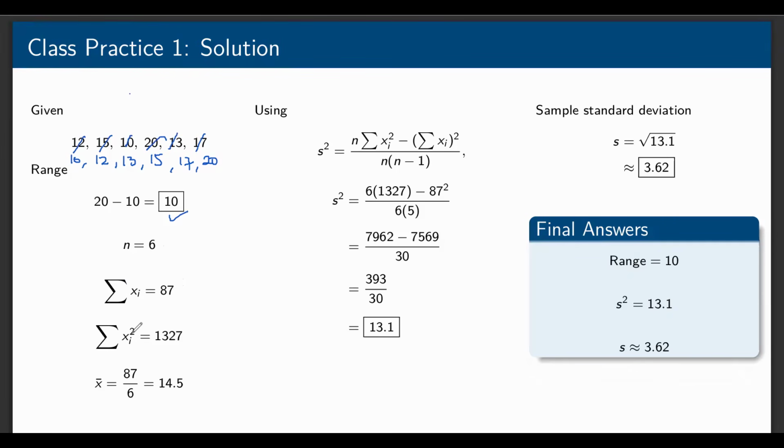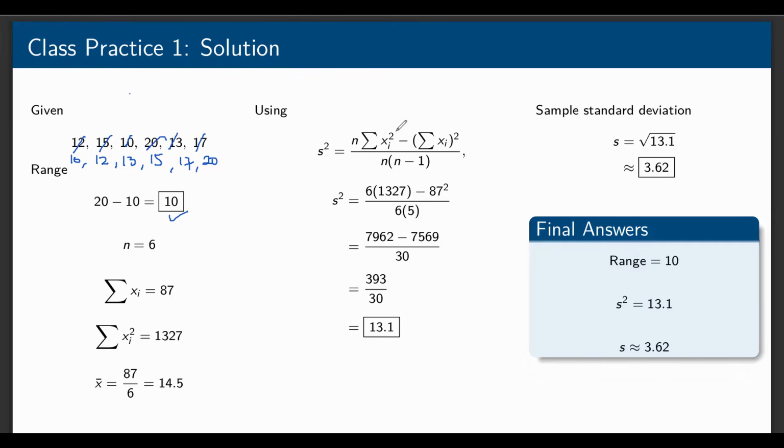Summation of xi squared: you square each of the data points. You square 12 to get 144, you square 15, you square 10. After squaring everything, when you add it, you get 1327. Then you find your x bar. Your x bar is your summation of x over n. So we have 87 over 6 giving us 14.5.